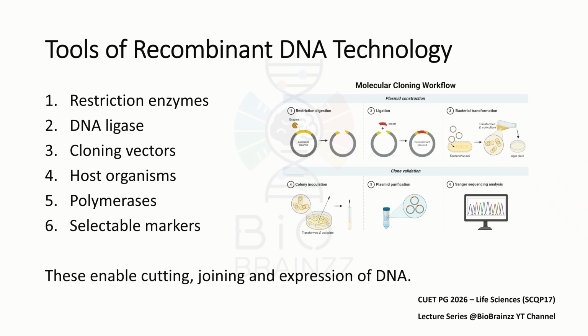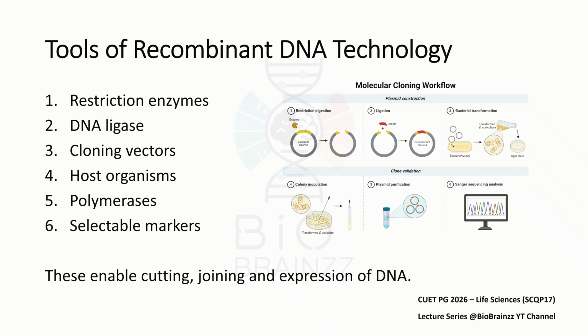Tools of recombinant DNA technology. Successful genetic manipulation requires specialized molecular tools. Restriction enzymes act as precise molecular scissors, cutting DNA at specific sequences. Next, DNA ligase functions as molecular glue, joining DNA fragments.